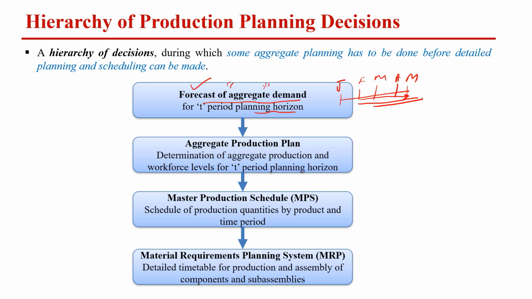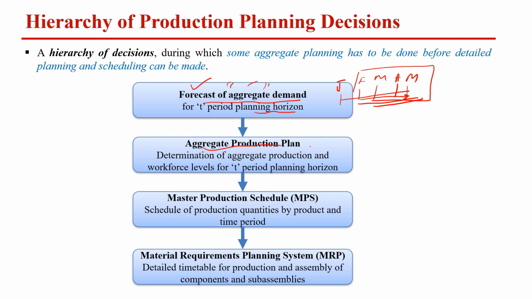Once we have forecasted this aggregate demand for the next 4 months, this demand is the input for the aggregate production plan, which is usually developed at the product family level, as in the example of the air conditioner.